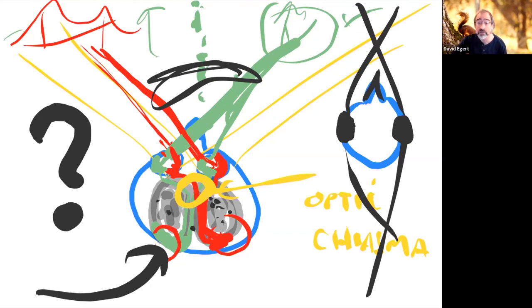There are some little animals that literally will incorporate molecules from the things they eat into building their photoreceptors, so they'll respond preferentially to the wavelengths that are going to help them identify their prey.